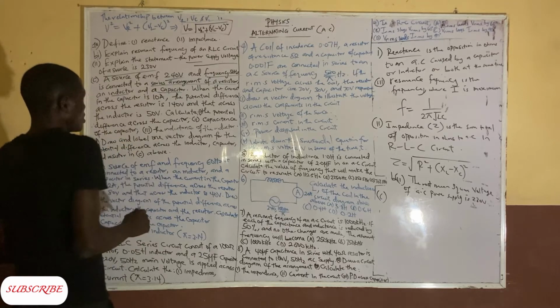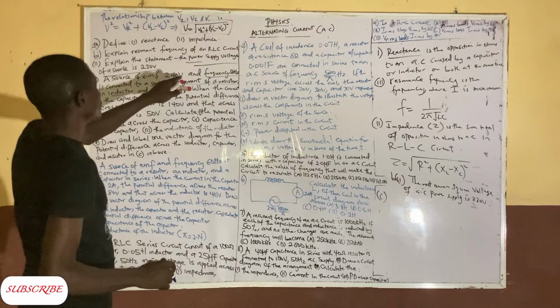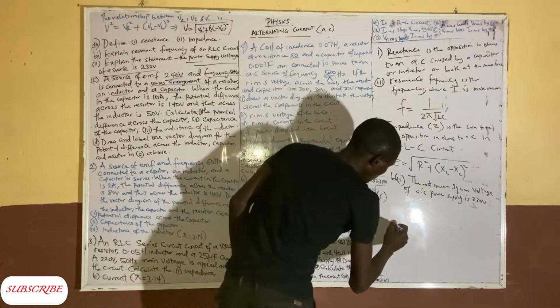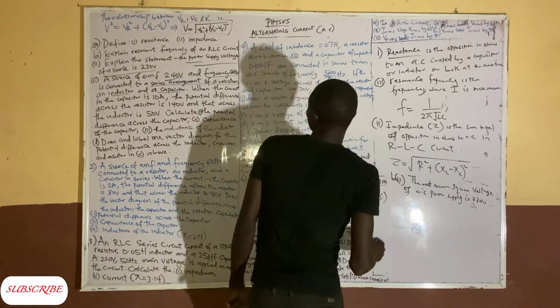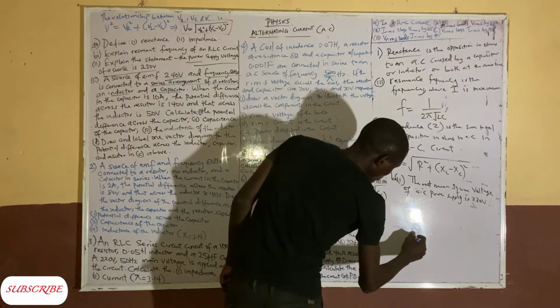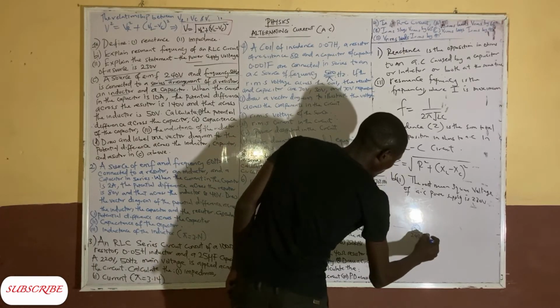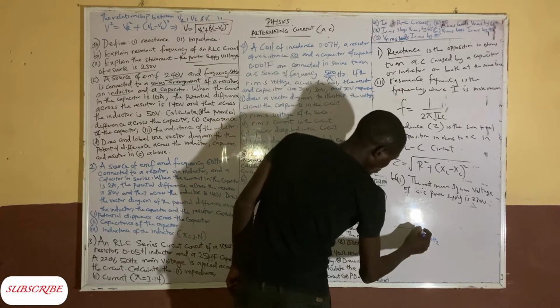Can we interpret that one first? An alternating source of EMF is 240 volts, comma, frequency 50 hertz. So that's the frequency.